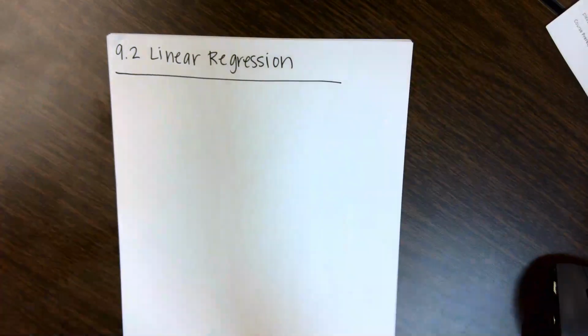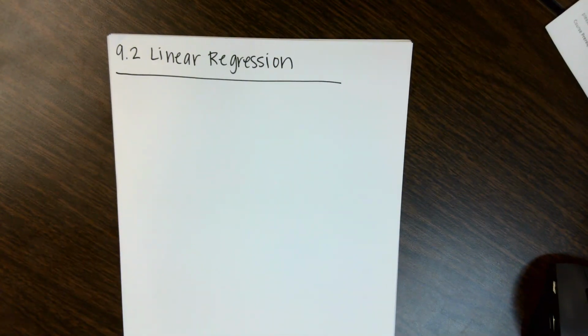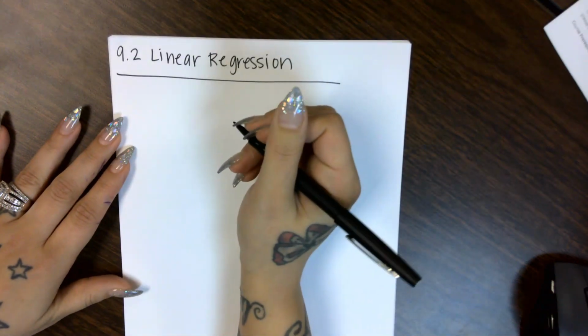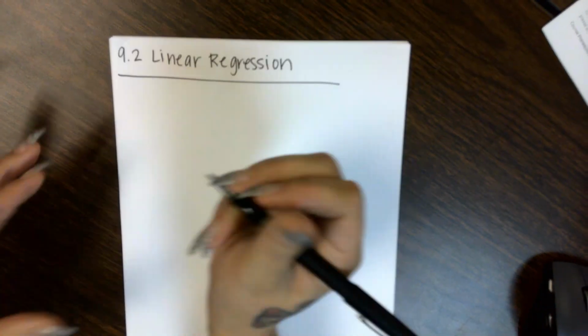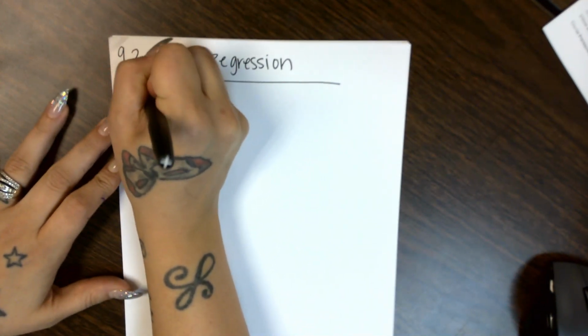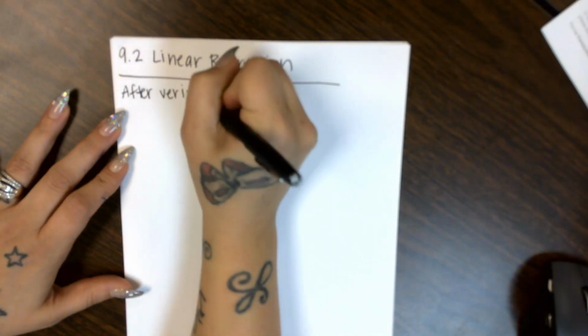Okay, so this is stats class. There's a lot of computation, but we do need to define things first. So obviously, we have sentences that we need to write down. I could just say this, but I think writing it is going to be better. After verifying, because this will link together what we did in 9.1 with this section.